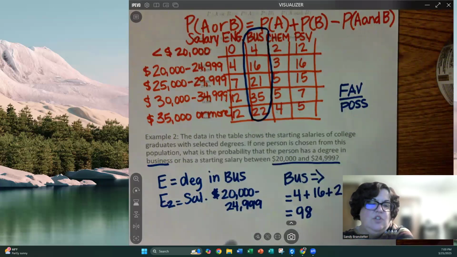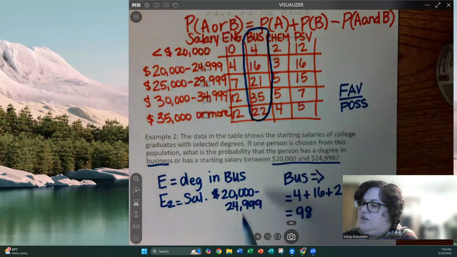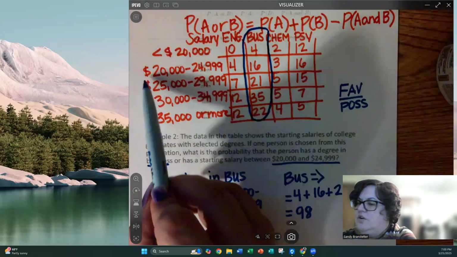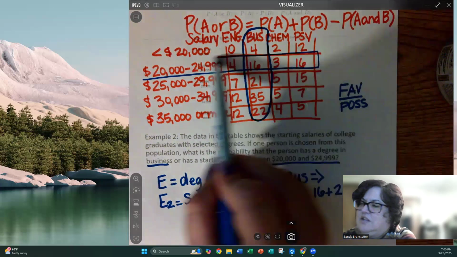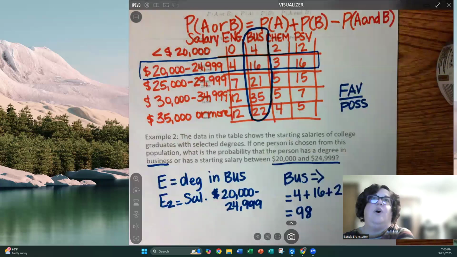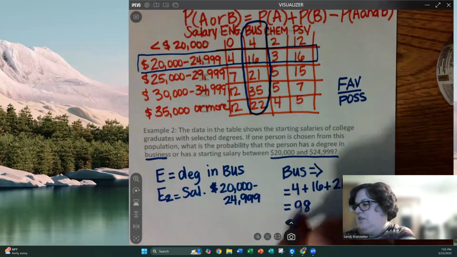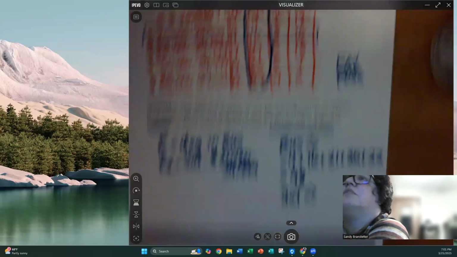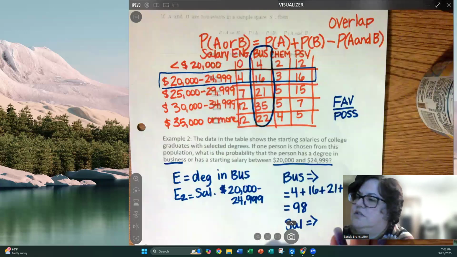Then we want to look at the values that are in the category 20,000 to 24,999. So that's this row right here. So then we're going to look at the salary second. It's just a smidgen bigger so we can see all of it at once.